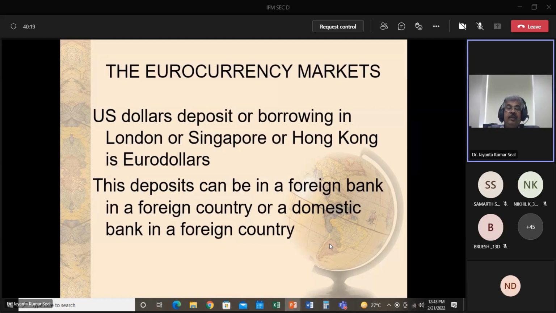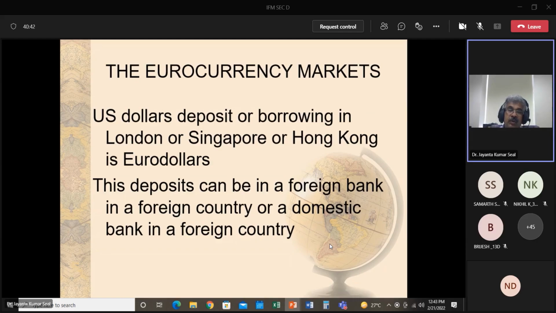A US dollar deposit or borrowing in London or Singapore or Hong Kong is euro dollars. As I have told you, as long as it is outside the US, dollar outside the US is euro dollar. Not necessarily will it be in euro. So these deposits can be in a foreign bank in a foreign country or a domestic bank in a foreign country.